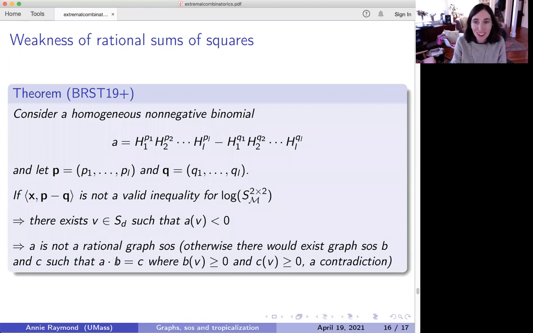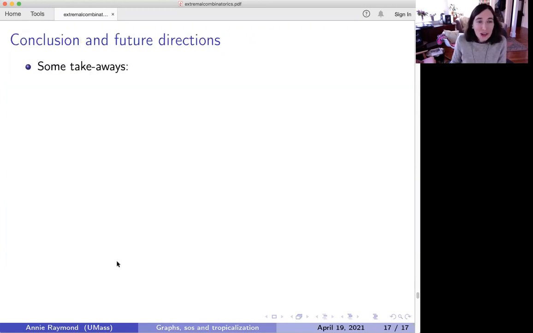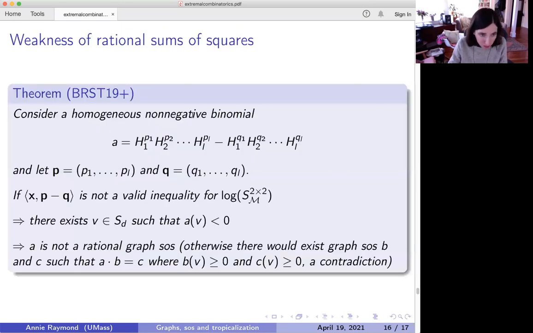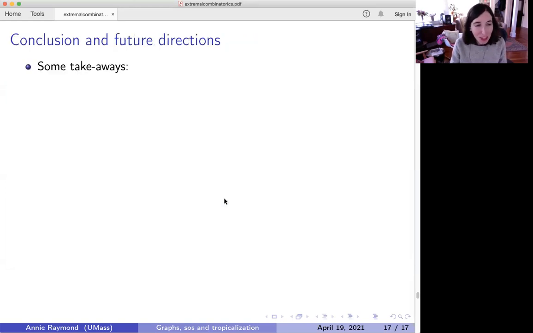Does not work. So that's how we use tropicalization to show that rational sums of squares do not always work. And so then we can give specific examples of what these graphs are, where we can find that it's not a valid inequality.